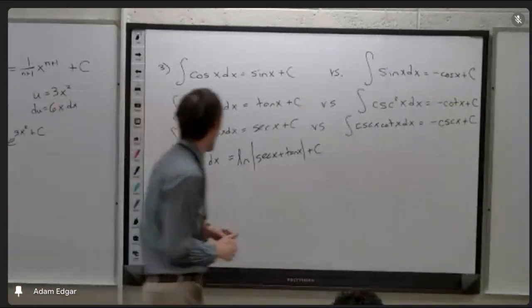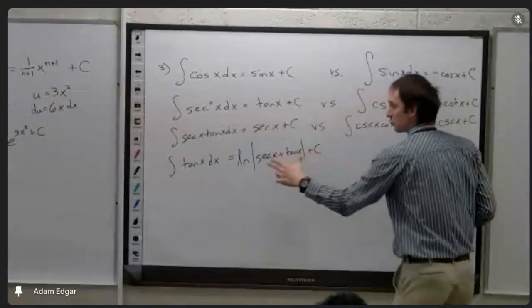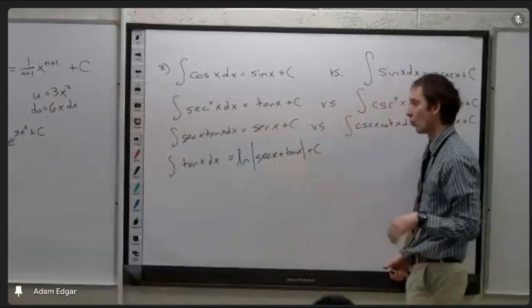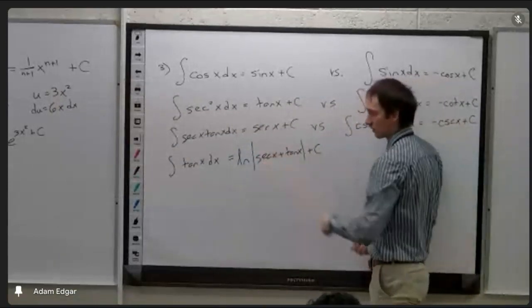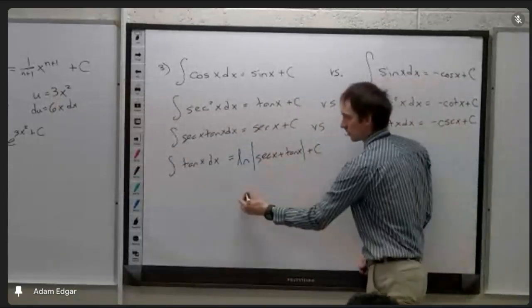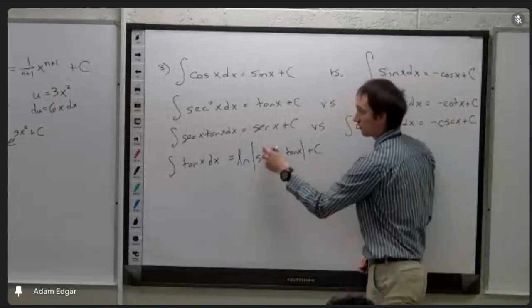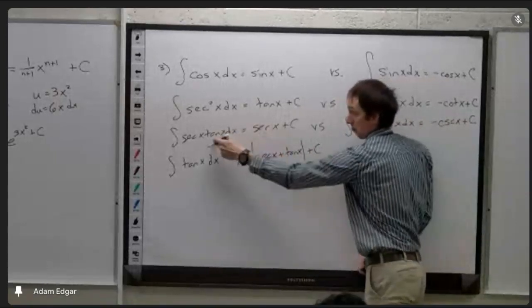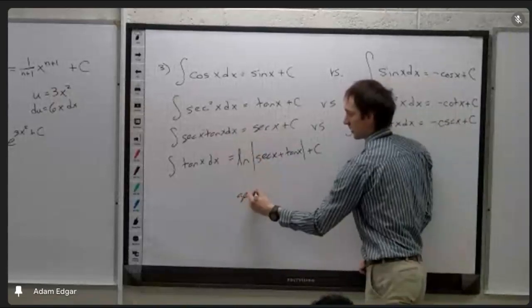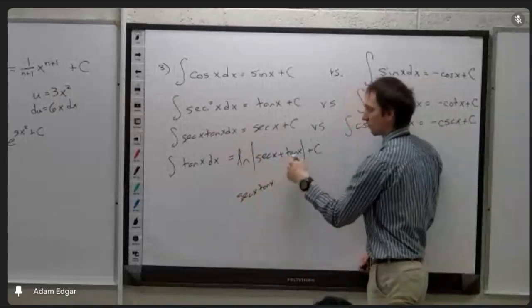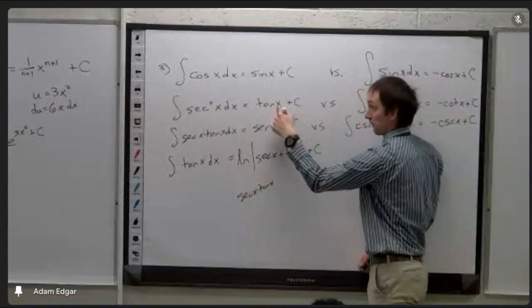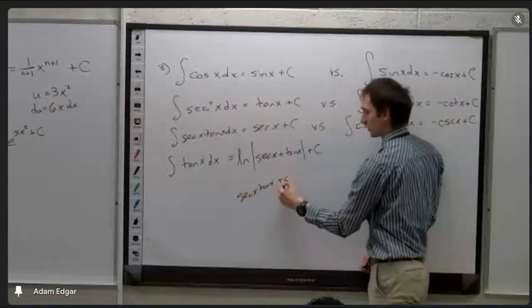If we did the derivative of this with chain rule, what's the derivative of secant? Secant x tangent x. What's the derivative of tangent? Secant squared x.